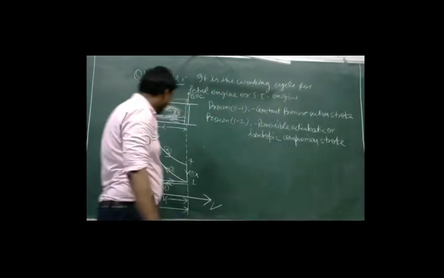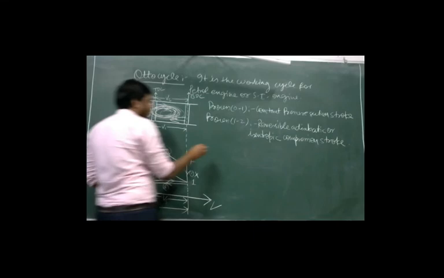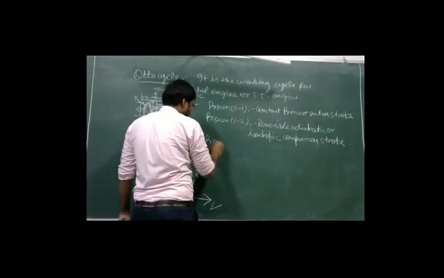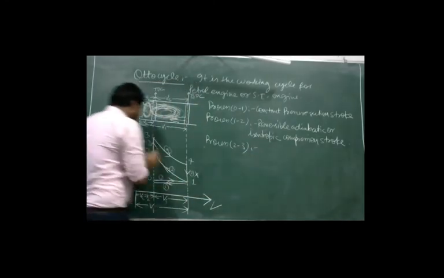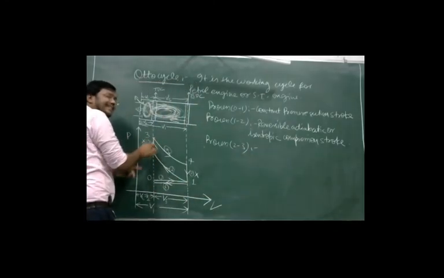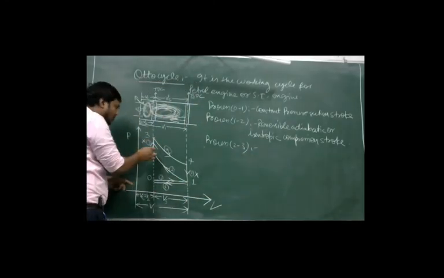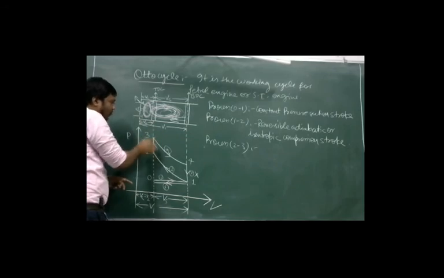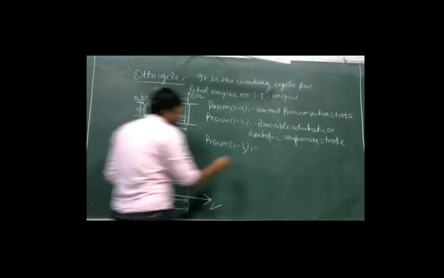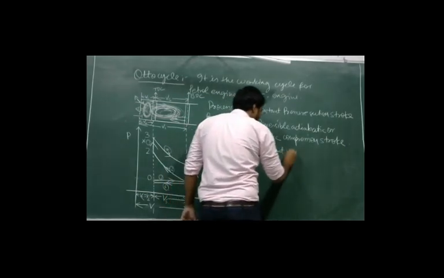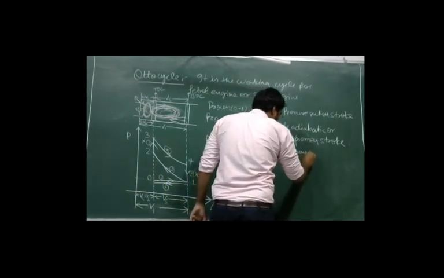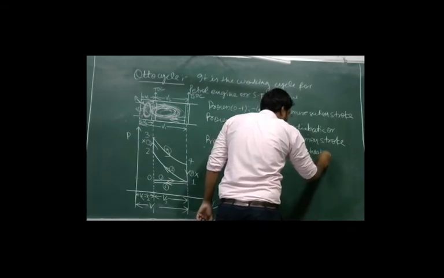Okay. Now process 2 to 3. What is process 2 to 3? This is a heat addition process which takes place at constant volume. Volume is constant. So we can say that this is constant volume heat addition.